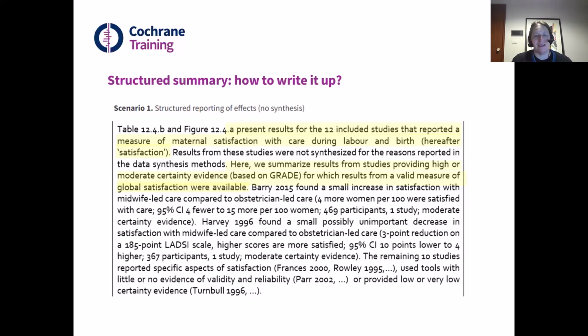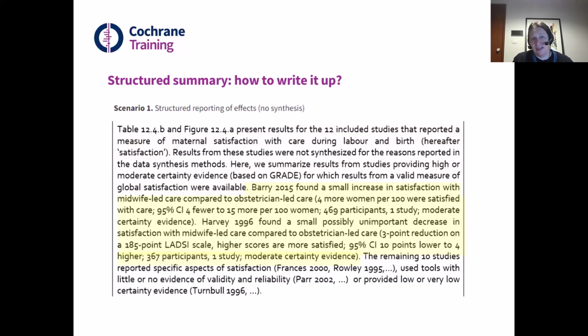In doing so, you're very clear about what you are going to talk about, because when you have a set of individual studies, it's very easy to selectively pull out interesting results as you report. But if you have a process for structuring your summary and determining what results you're going to report on, that is much more transparent to a reader about why you have focused on the results that you have.